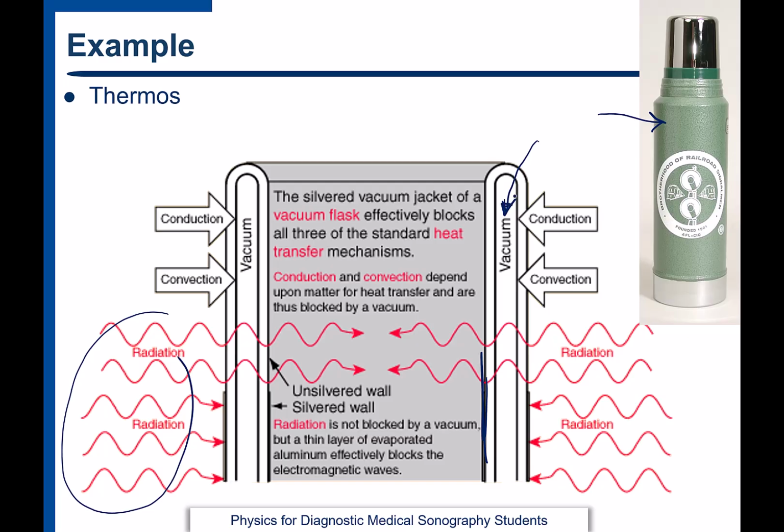So we have basically a double wall, and in between the two walls, there's a vacuum. And therefore, even though heat can get to this metal layer, it can't get through the vacuum to the inside. And so there's no motion, so convection doesn't work, and conduction doesn't work.